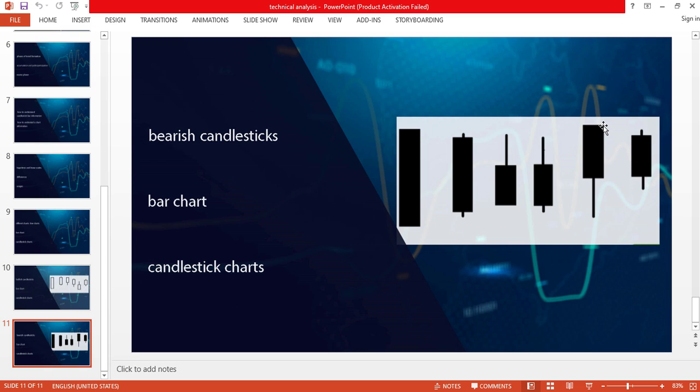For example, in this candle, price started from here, decreased to here, but buyers started to push the price upper and upper to here. And at this point, the market has closed, or the period of time of that candle has finished.